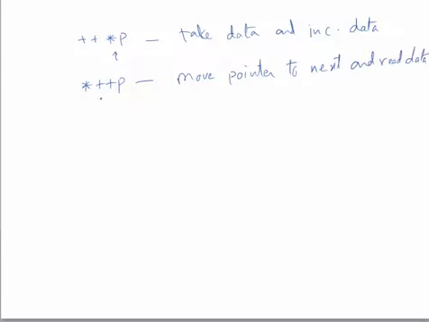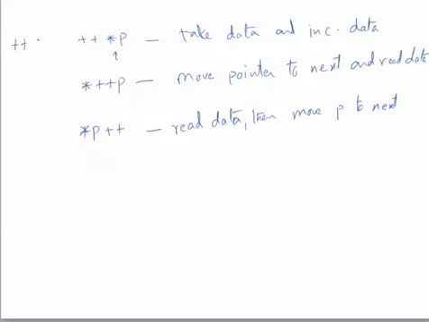So this will move p to the next location and then read the data. And asterisk p plus plus means read the data, then move p to the next.